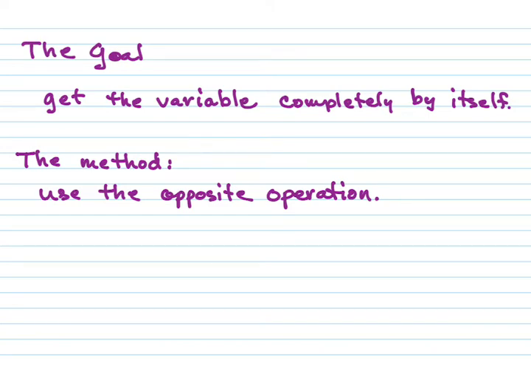Now, however, remember that mathematics has to be done in a certain order. What's the order of operations? But remember, the order of operations is what we use when we're putting things together. Our goal in an equation is to move things around, to take them apart.